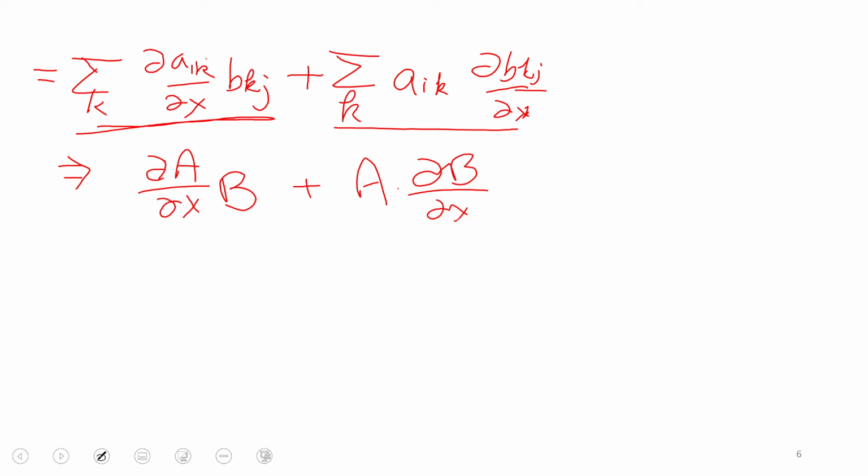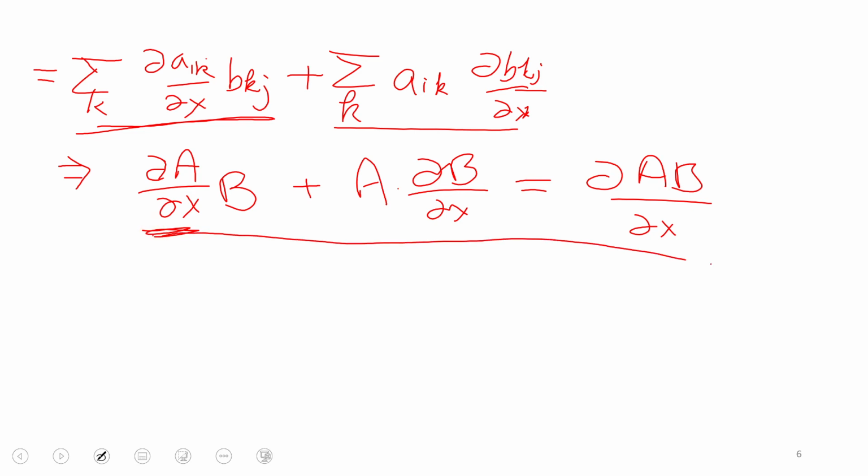So altogether, the partial of AB with respect to partial x is equal to A derivative times B plus A times B derivative. This is the matrix version of the product rule.